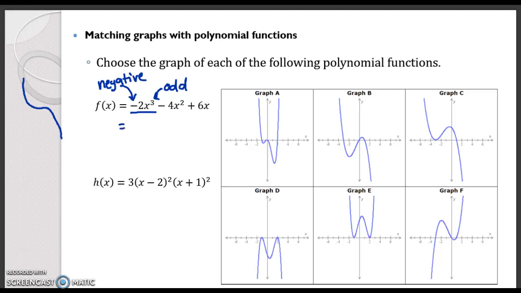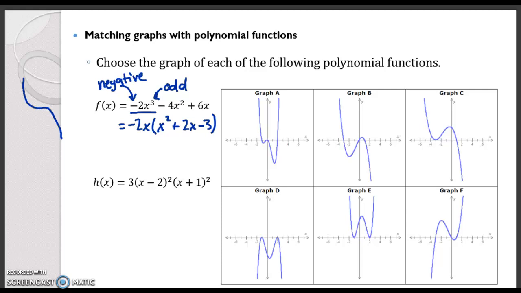So let's go ahead and factor out a negative 2x from this equation and end up getting x squared plus 2x minus 3. Let's see if that works.